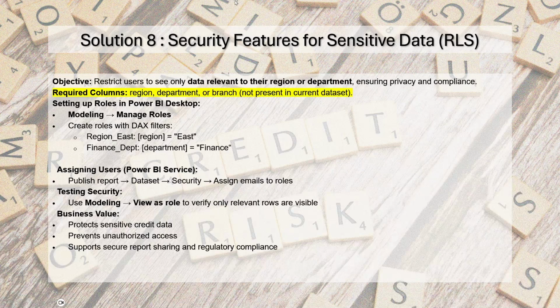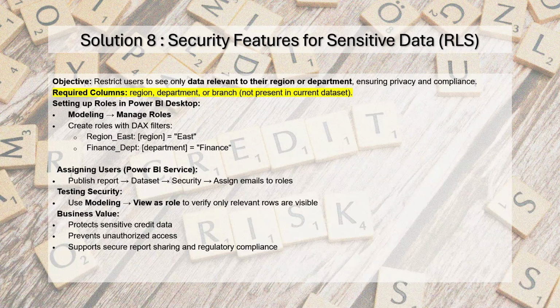Now let's move on to the next question, security features for sensitive data, RLS, row level security. In this question, there is also a catch. The required columns like region, department, or branch were not present, because the RLS was required on the basis of region or department.